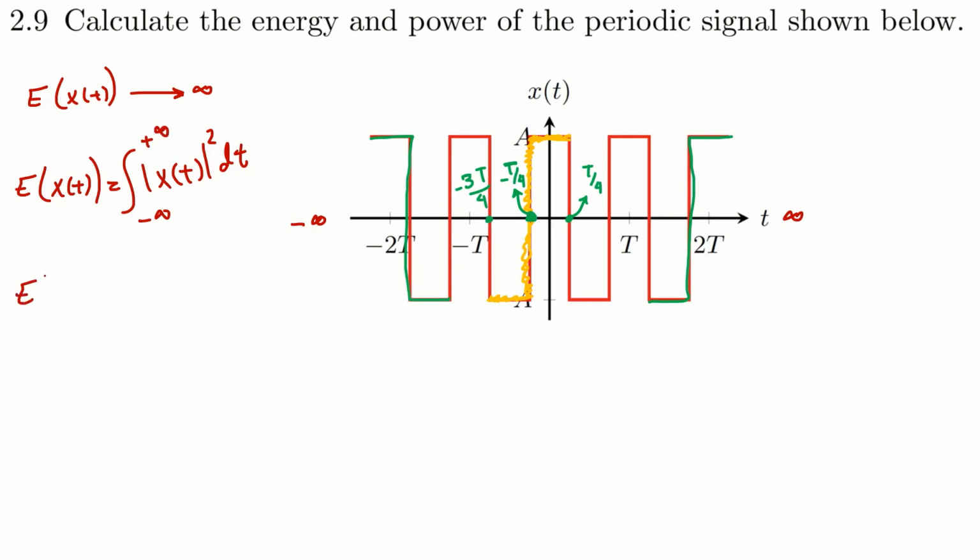So in one period, the energy of x(t) is the same integral of the same function, x(t) squared dt, but from this point here, which is minus 3T over 4, to T over 4.